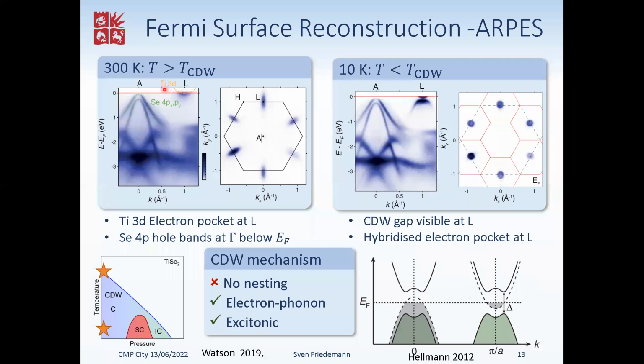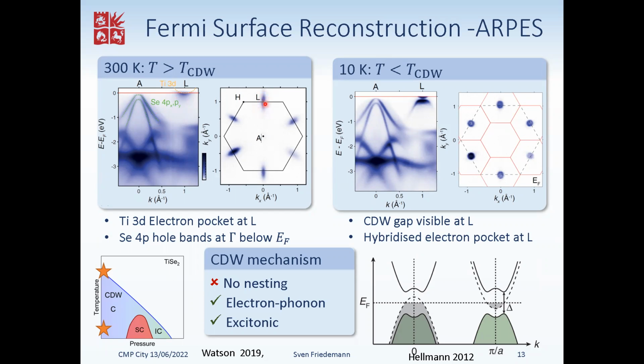At high temperatures, outside the charge density wave, one sees just a little bit of the titanium electron pocket here, as well as all of the selenium hole pockets around the Brillouin zone center. As one cools down, one can see that the pockets at the L points are elliptical.